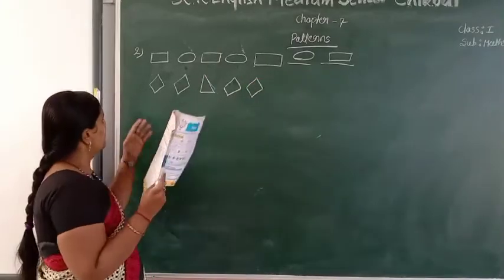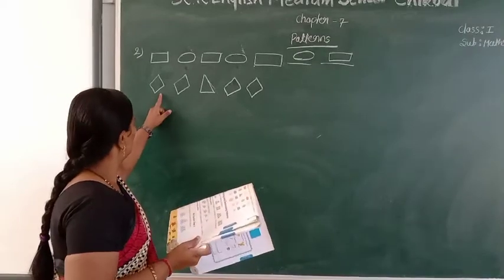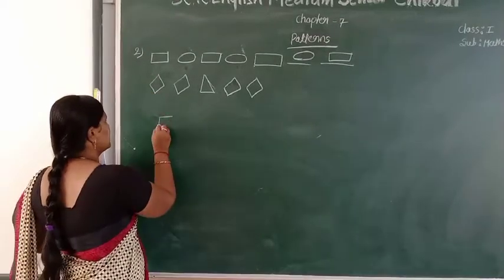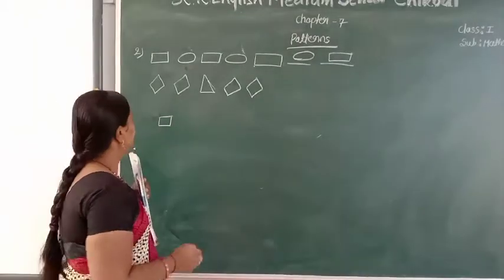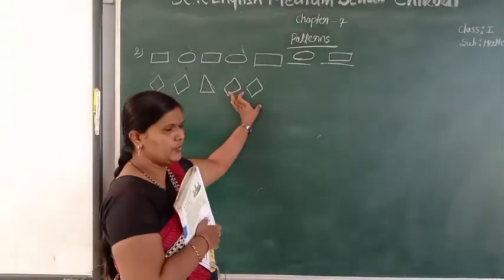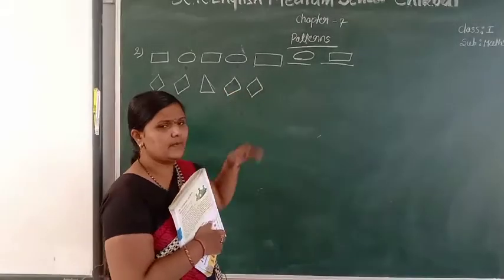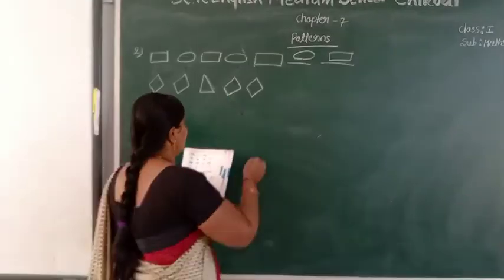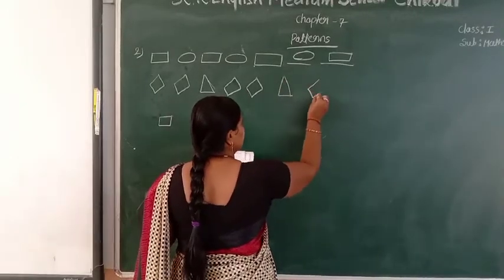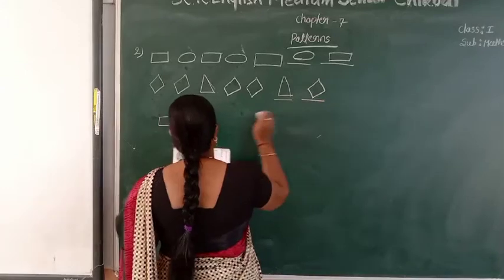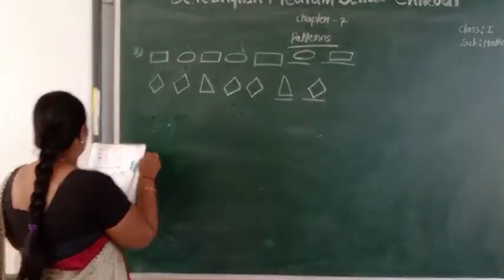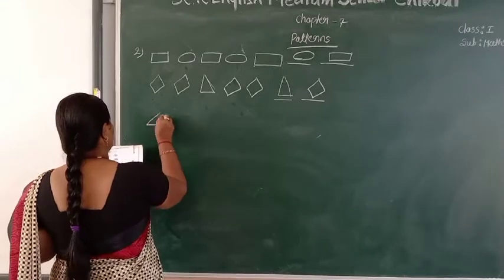This is one type of shape. Otherwise, if you take it like this, it is looking like a square. Okay. Now after these 2 shapes, one triangle, again 2 shapes. After these 2 shapes, which one will come? Next one, triangle. After triangle, one more of this shape will come. Next, triangle.